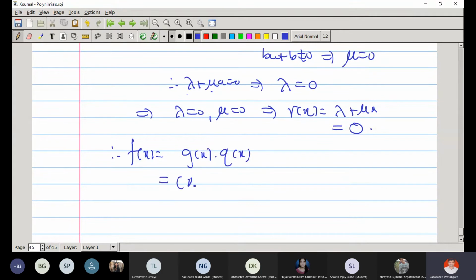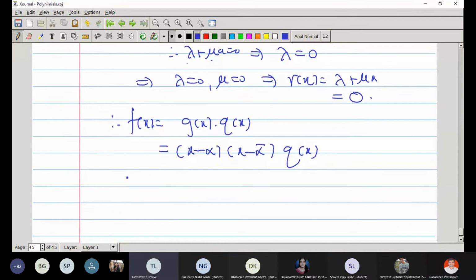But what is g(x)? x minus alpha conjugate into q(x). What is the final conclusion? f of alpha conjugate is 0, and therefore alpha conjugate, a minus bi, is also a root of f(x).